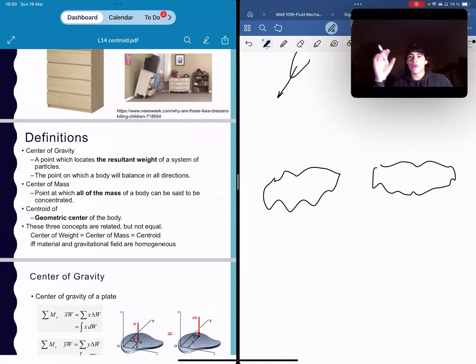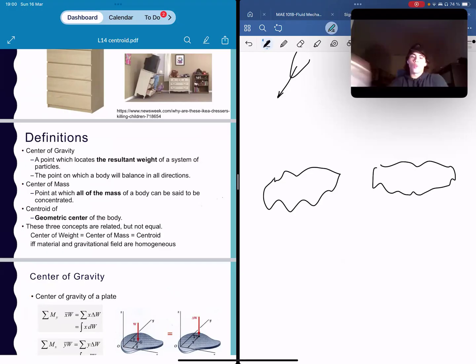Because for a rigid body, its mass is distributed along the body, so the weight is acting on each point of mass, but there's a point in which all those weights group up and specifically add. It doesn't have to be necessarily at the center, it depends on the geometry.